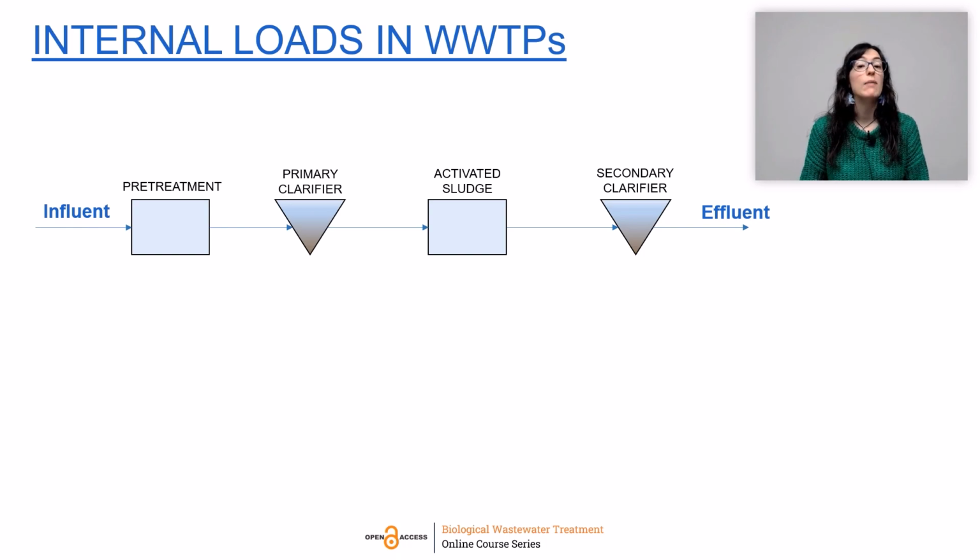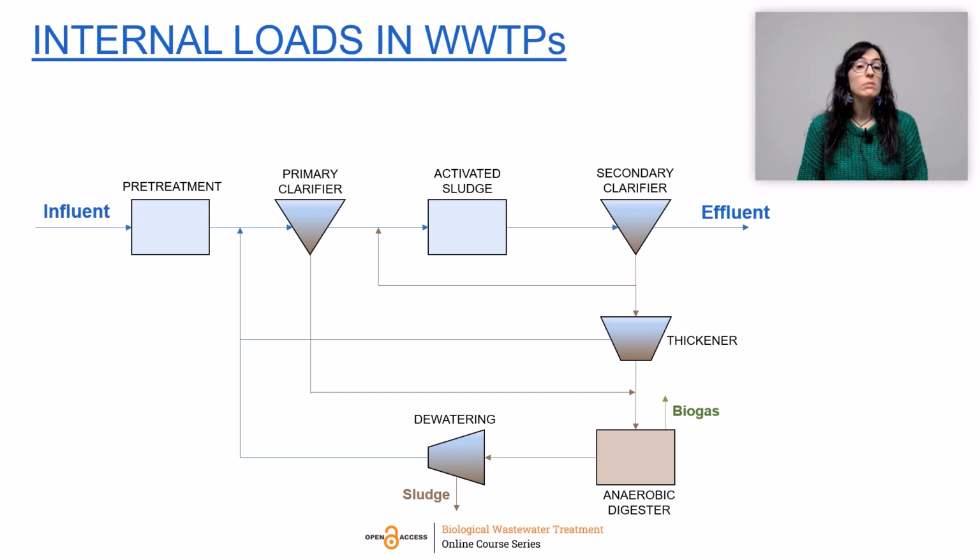The pretreatment and primary clarifier usually remove big solids from the wastewater. Then, the activated sludge system is a biological reactor in which bacteria remove the pollutants from the wastewater. And afterwards, the secondary clarifier separates the bacteria from the treated effluent.